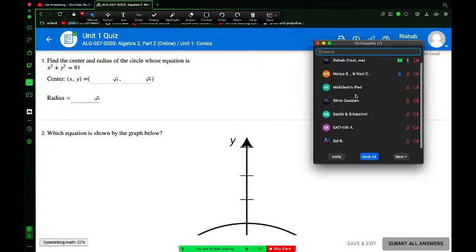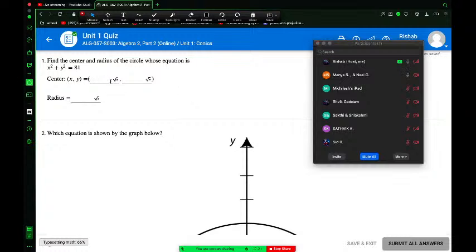Okay, so I guess Manya is the only one who wants to do this question. Manya, you can do this one. Okay. Sorry, that was kind of loud. The radius is gonna be 9 because the square root of 81 is 9.